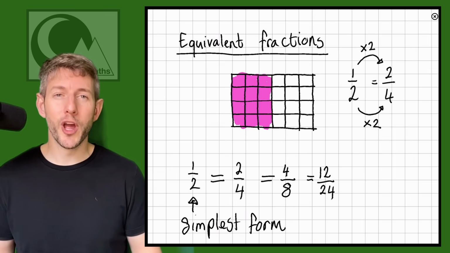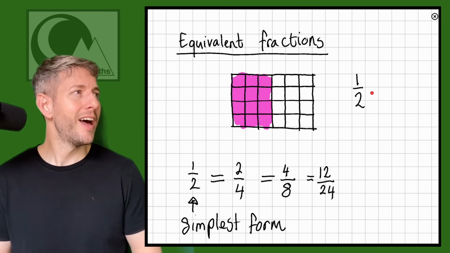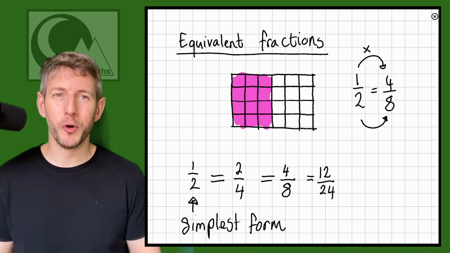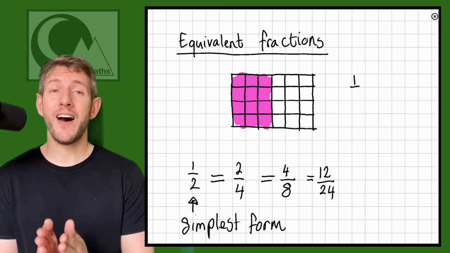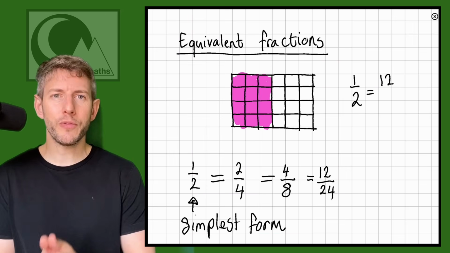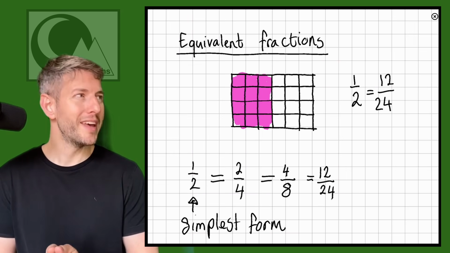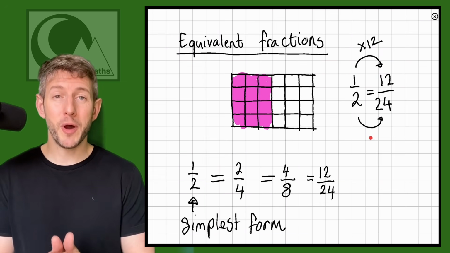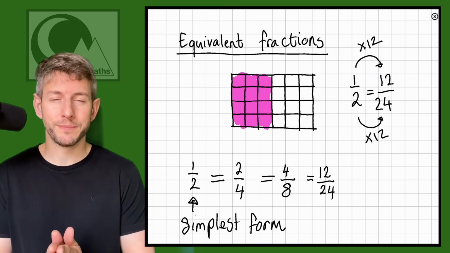If I take 1 over 2 equals 4 over 8, I can see that the top and the bottom of the fraction have both been multiplied by 4. Now let's look at 1 over 2 equals 12 over 24. So here I can see that the top and the bottom of the fraction have both been multiplied by 12.